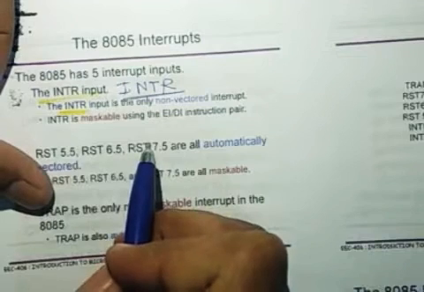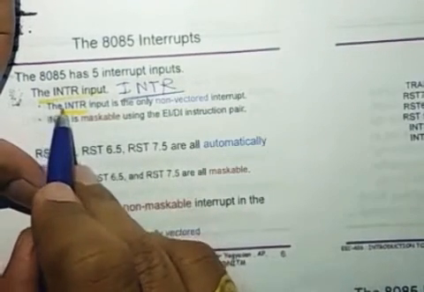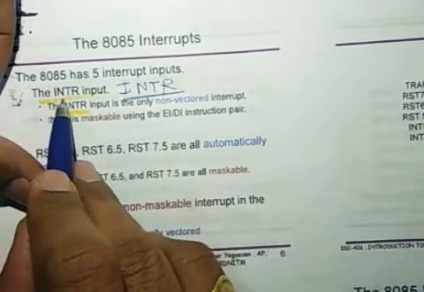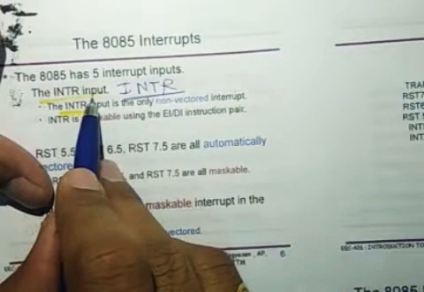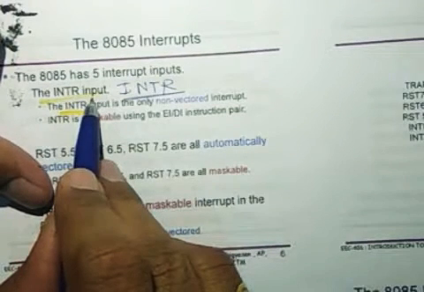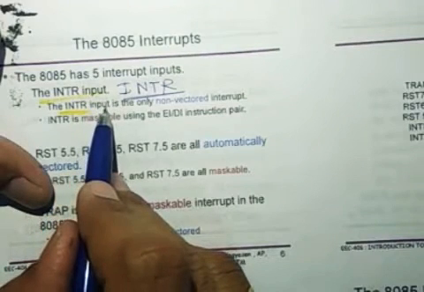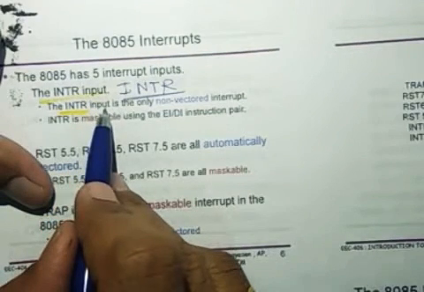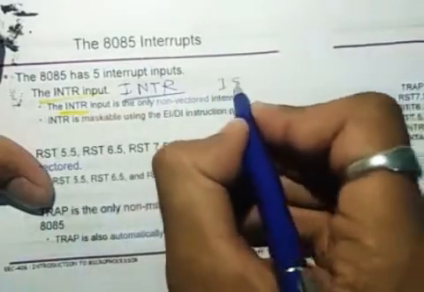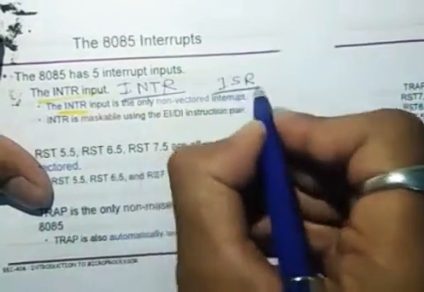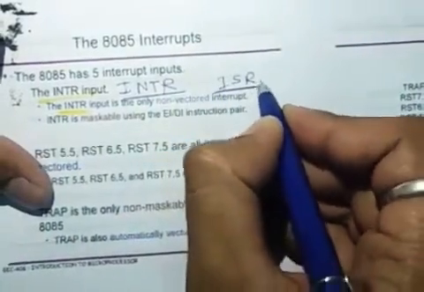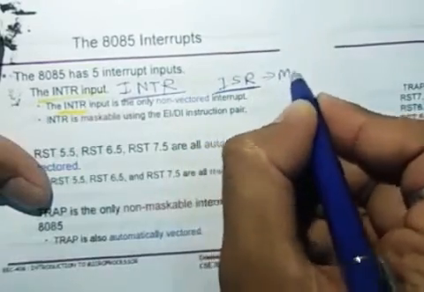It means whenever an INTR interrupt is given as an input, the address of the interrupt service routine is not available with the microprocessor.